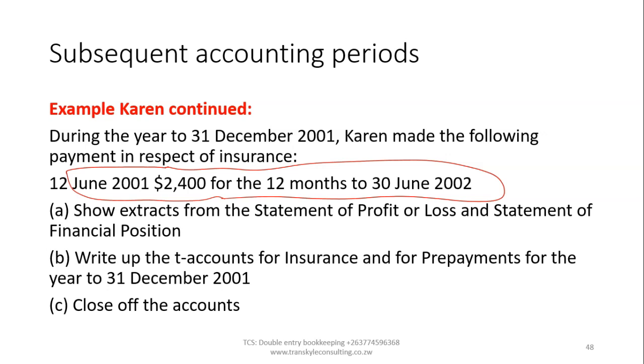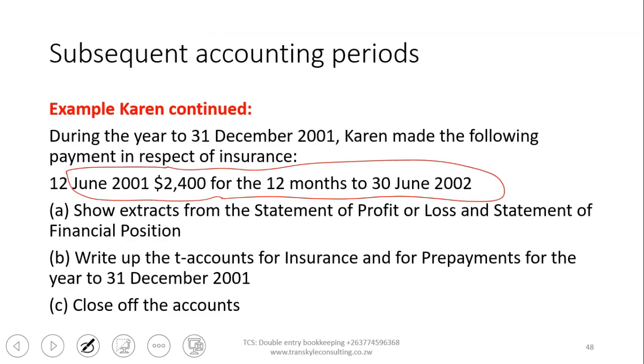So the $2,400 should be split between 50% for this current year and then 50% for the other 6 months of 2002. So we can just do this to ensure that we've covered everything. Okay, we are having a prepayment, ladies and gentlemen.